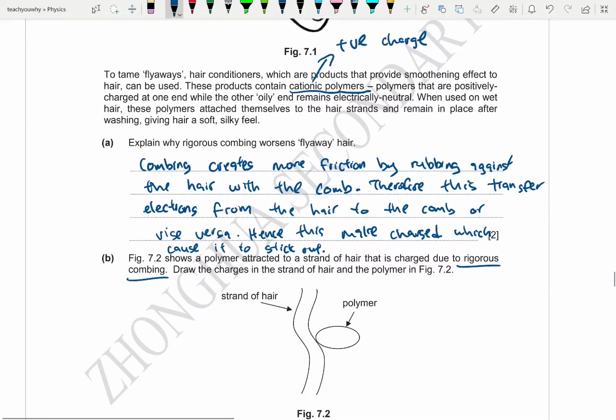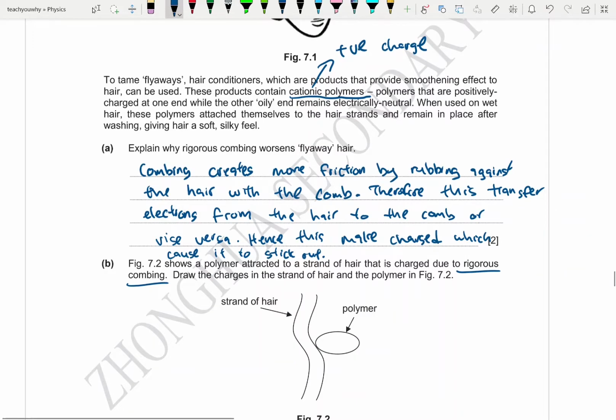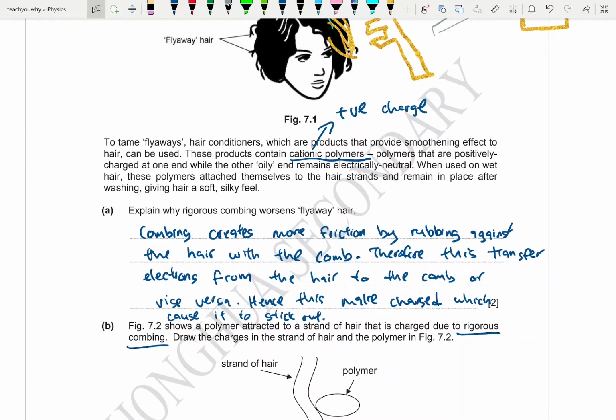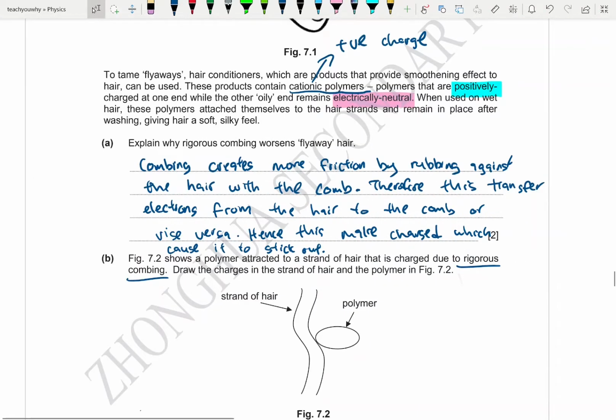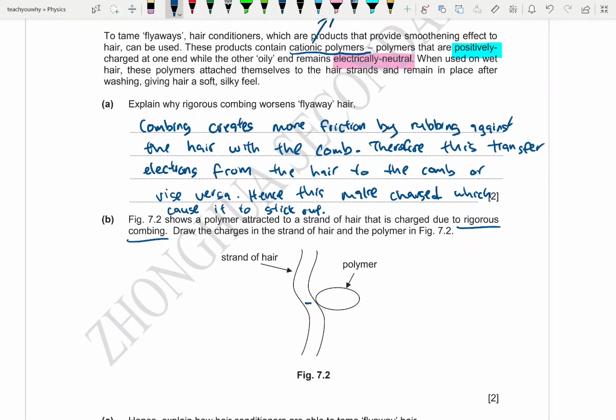Now we know that the hair is negatively charged because the polymer is one end positive, the other end neutral. So what we're going to do is draw a negative, and a positive, because they say one side is positive and the other side is neutral.